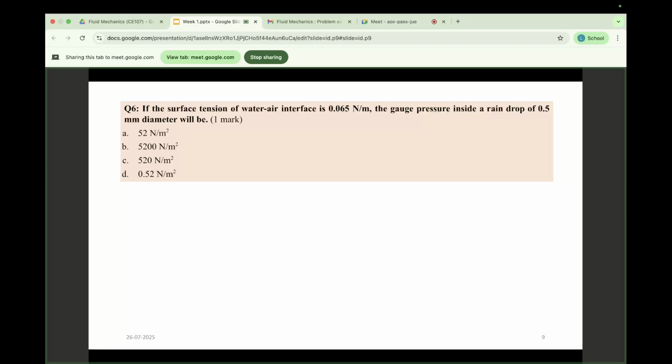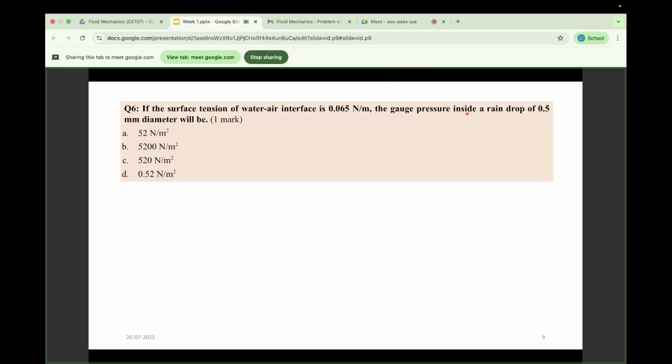So the first 5 questions are quite easy. Now the next 5 questions are at a little higher level compared to the first 5. So please try to answer. See here, the gauge pressure inside a raindrop.